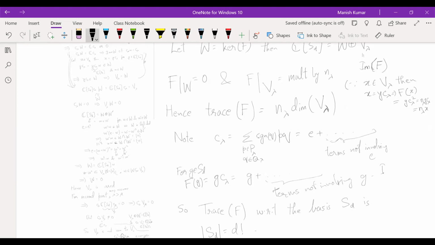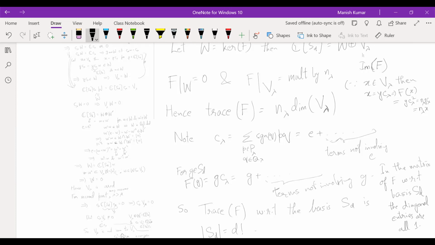So in the matrix of F with respect to the basis S_d, the diagonal entries are all 1, because the diagonal entry corresponds to the coefficient of g.